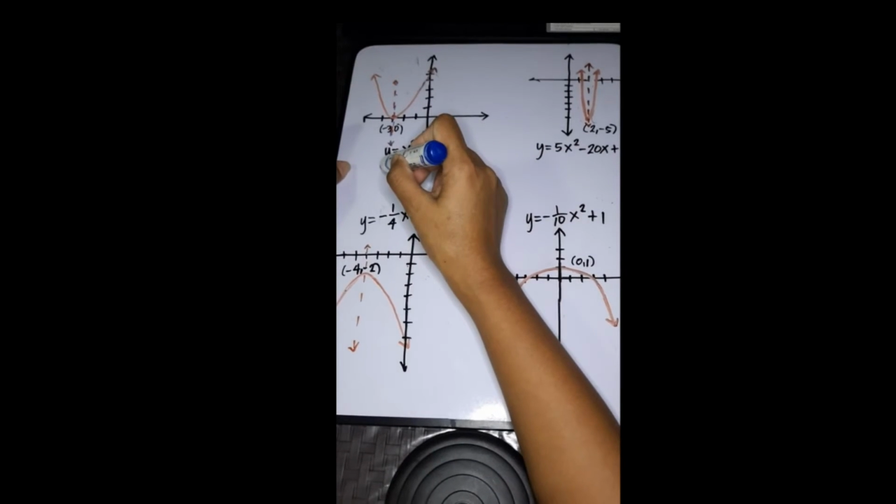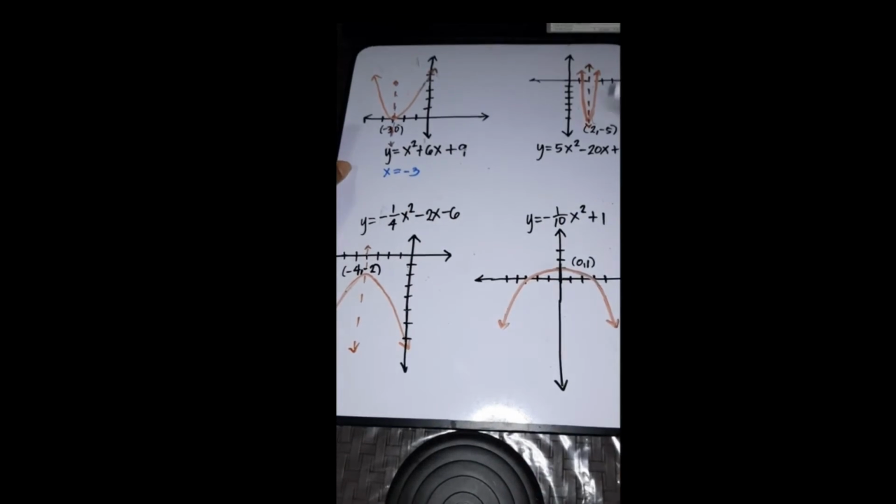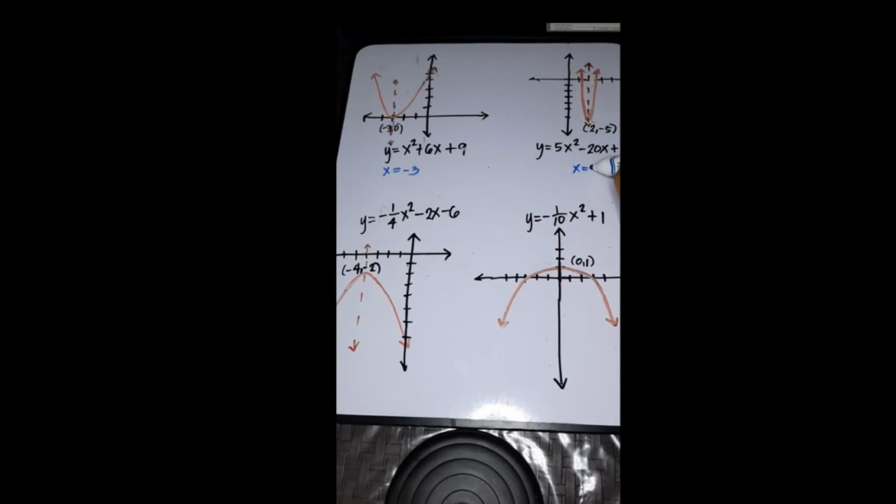And the axis of symmetry has an equation of x is equal to -3. In the second figure, the equation of the axis of symmetry is x is equal to +2. In this function, y is equal to -1/10 x squared plus 1, the axis of symmetry or the line of symmetry coincides with the y-axis.